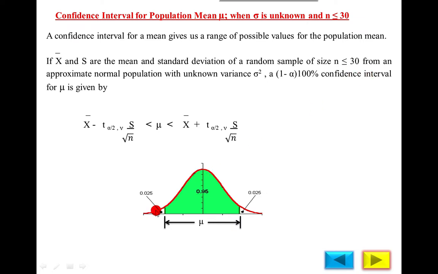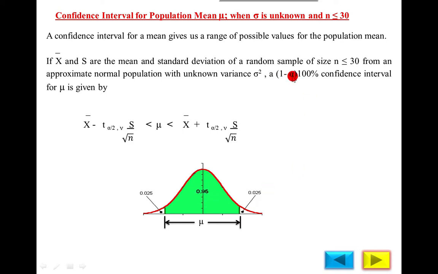The area below this point and above this point is called the critical region, the rejected region, and this green area is called the acceptance region, represented by 1 minus alpha, because the total probability under the curve is 1. If this plus this is equal to alpha, this will be equal to 1 minus alpha.